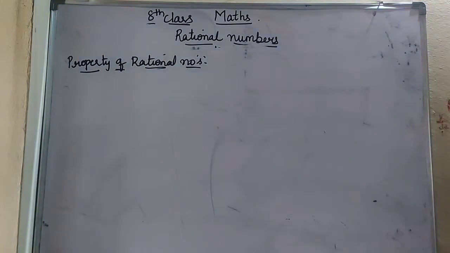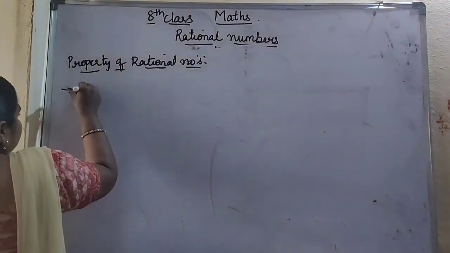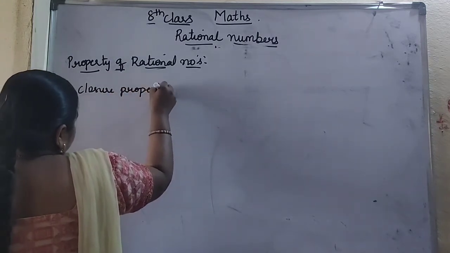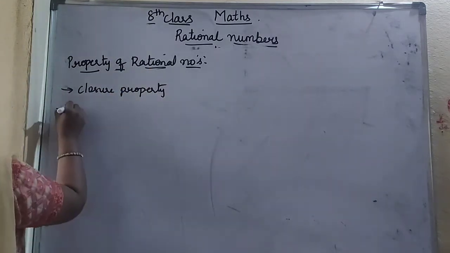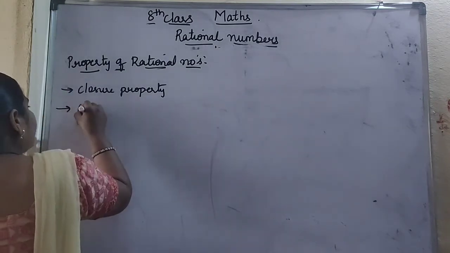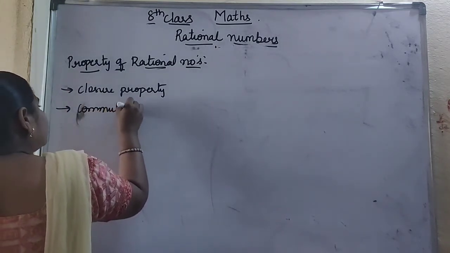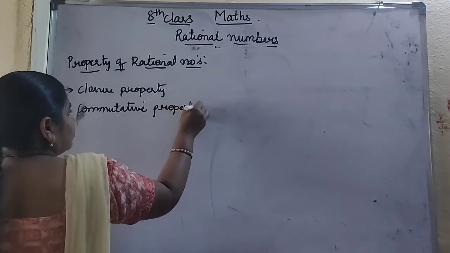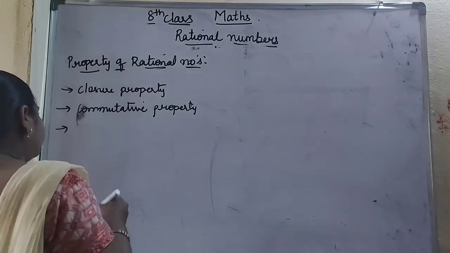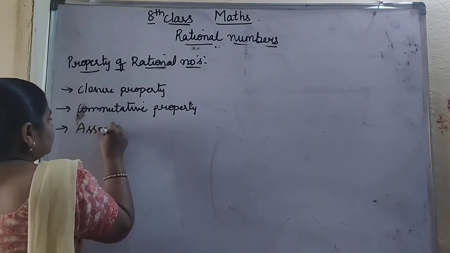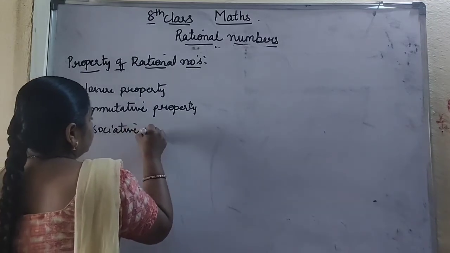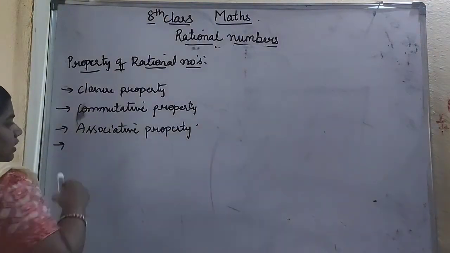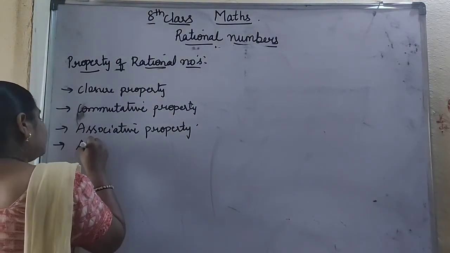Properties of rational numbers. In this, the first one is closure property. Second is commutative property. Third is associative property. Next is additive identity.